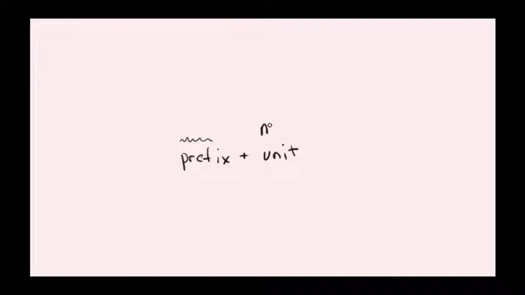So our meter is something that's about 39.3 inches, it's basically a little more than a yard. The prefix, what comes before the word meter, is going to be something. There are only 3 prefixes that we'll be thinking about, maybe 4 in this class.